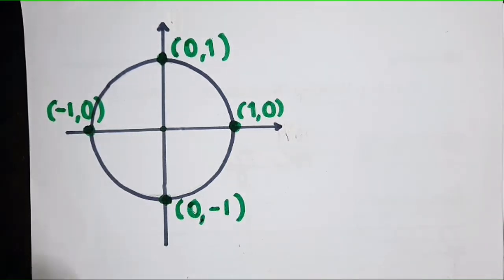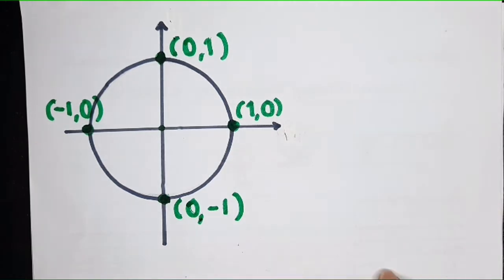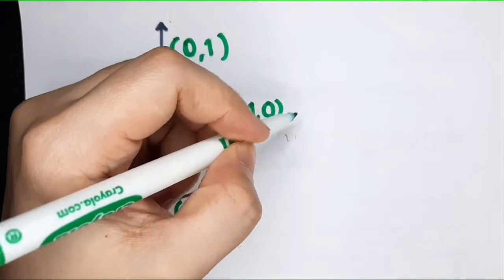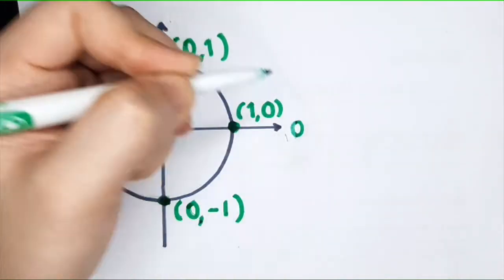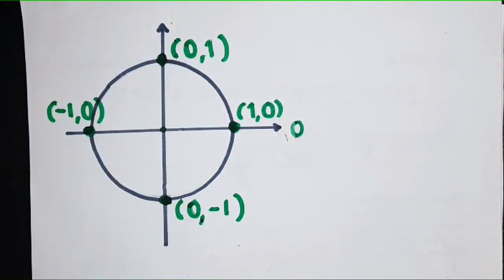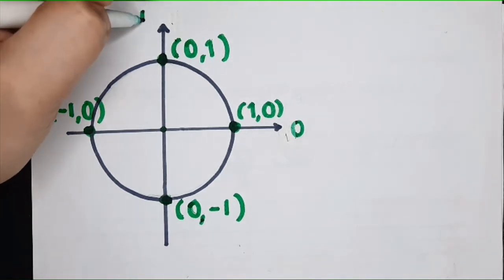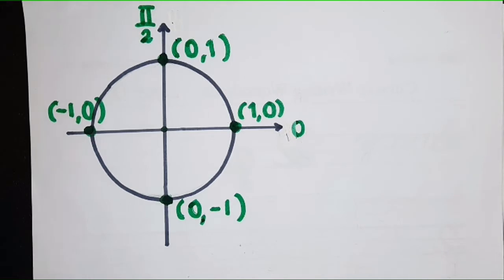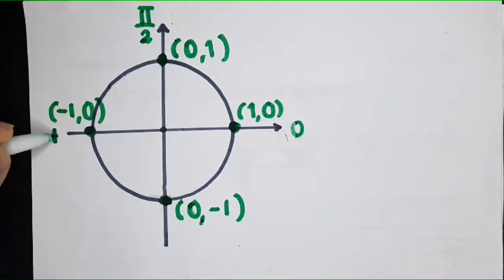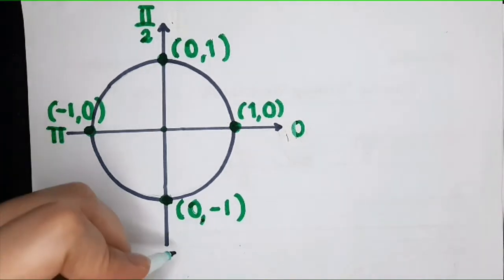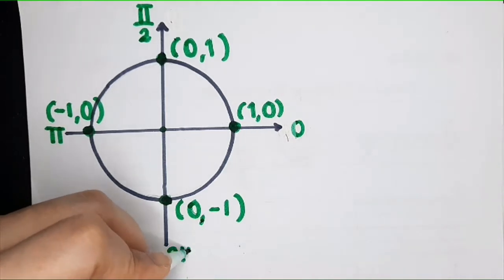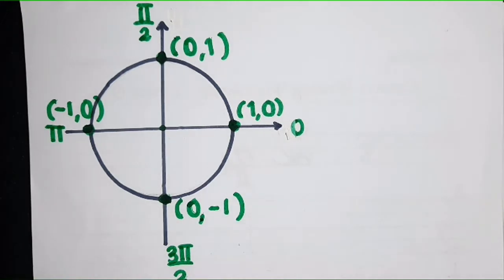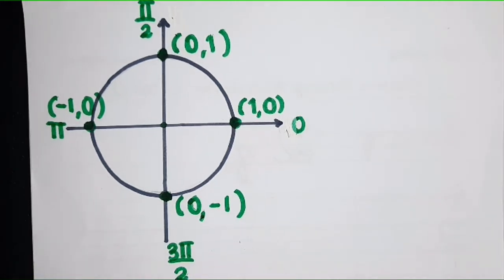Okay? So, anong gamit nito? Also recall, this is your 0 measure, angle measure. Ito yung pi over 2. Right? This will recall. What about here? This is your pi, and here you have 3 pi over 2. Okay? Naalala nyo pa yan?